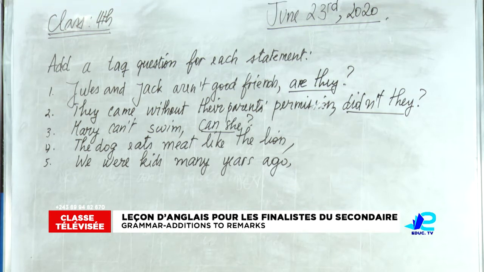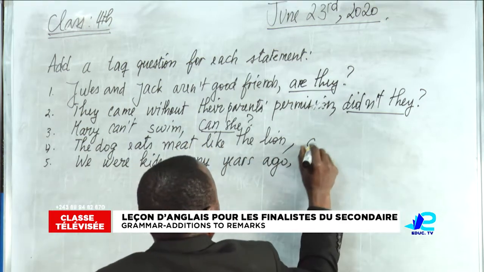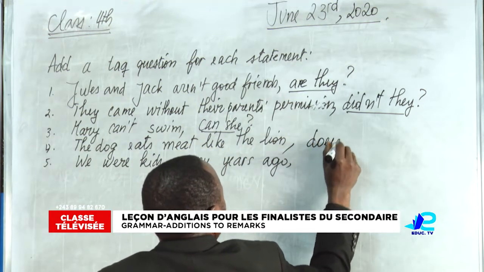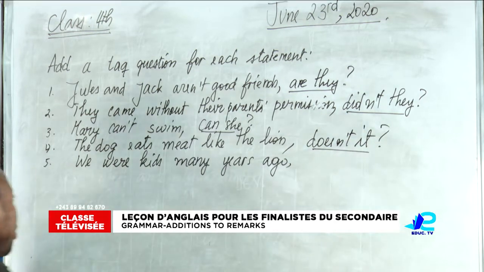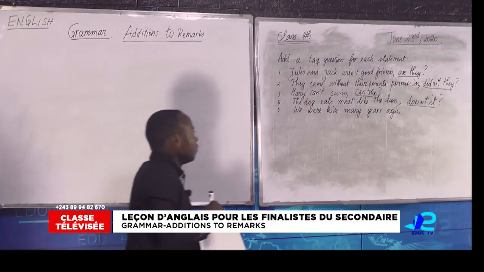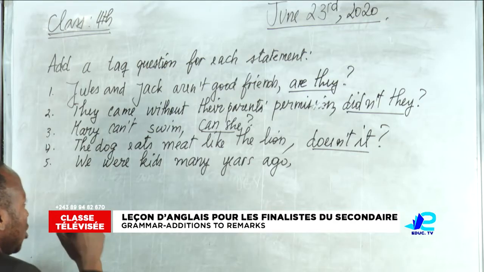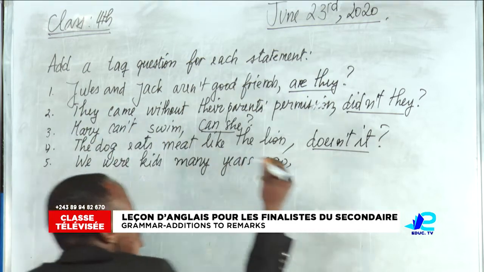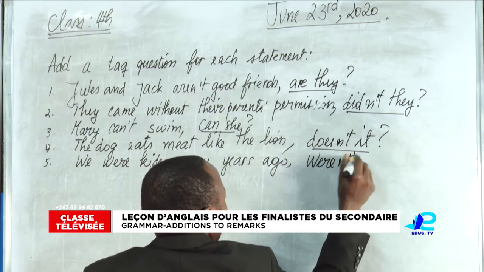As the sentence is positive, the tag question must be: doesn't it? And to finish, we have the last sentence. We were kids many years ago. All right. Affirmative sentence, interrogative tag question. It must be: weren't we?